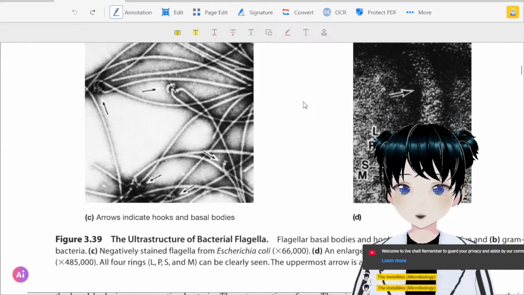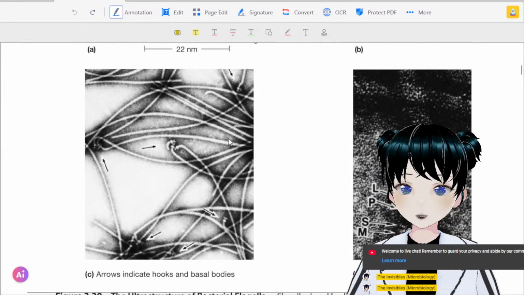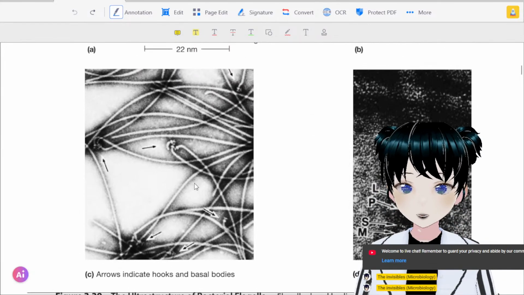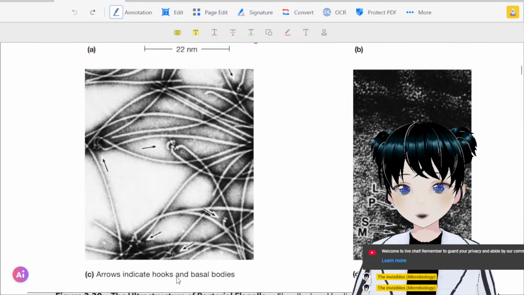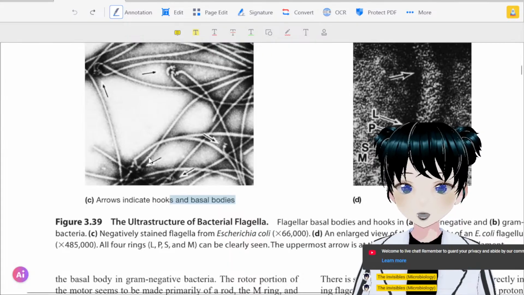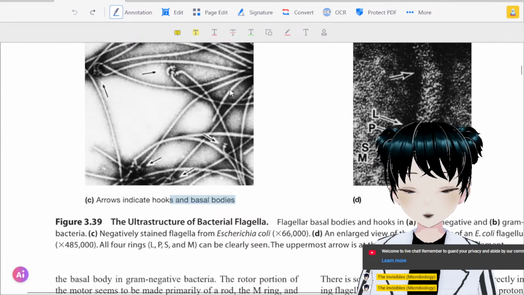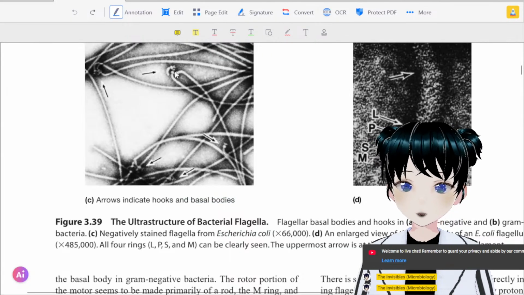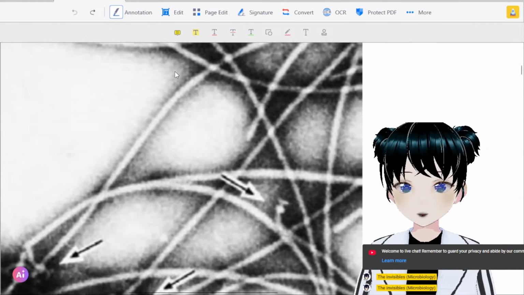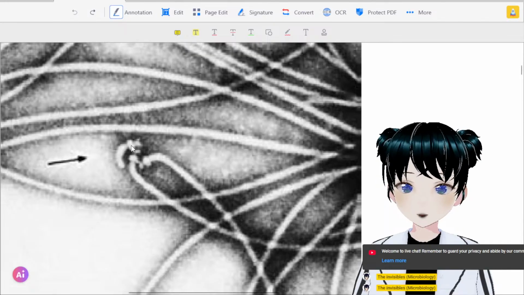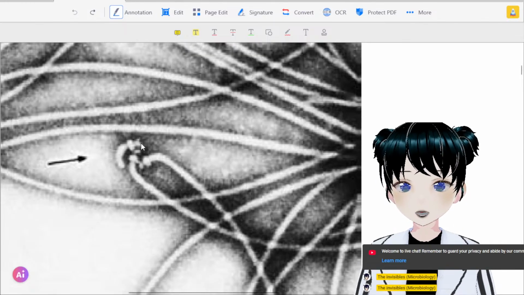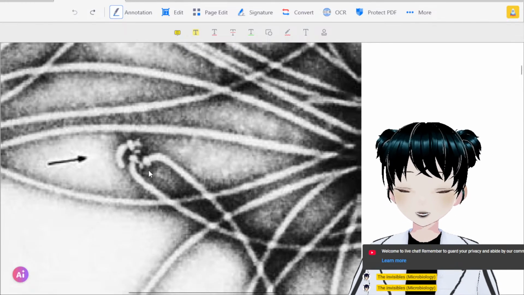So this is the ultrastructure of bacterial flagella. This is the microscopic structure. They are telling us that the arrows indicate hooks and basal bodies. If these long things are the filaments, and you look closely, they look like hooks, and these are embedded in that.